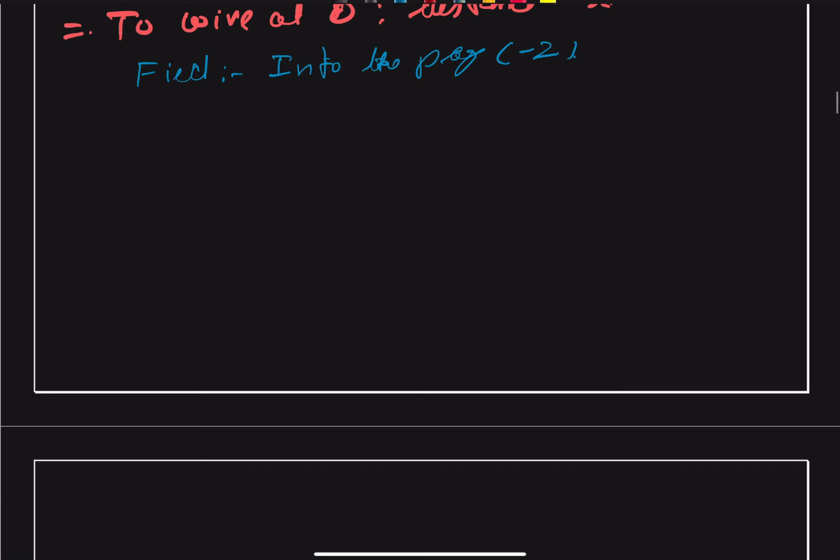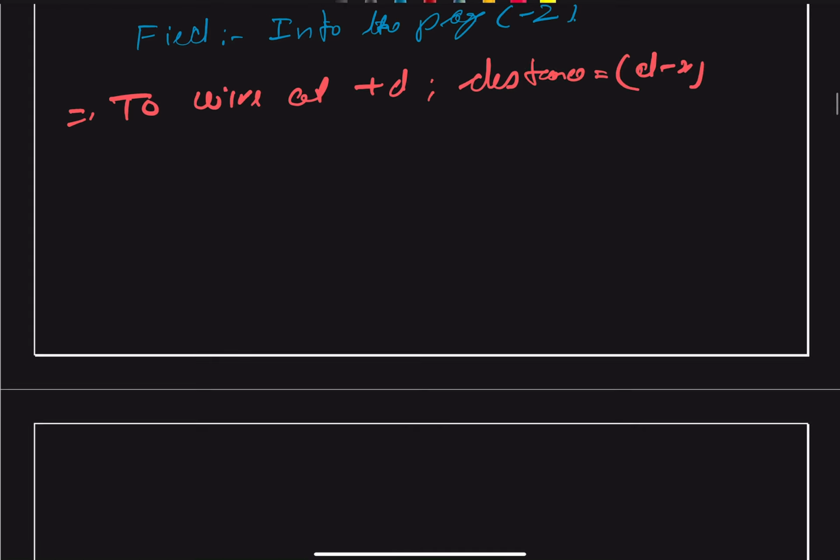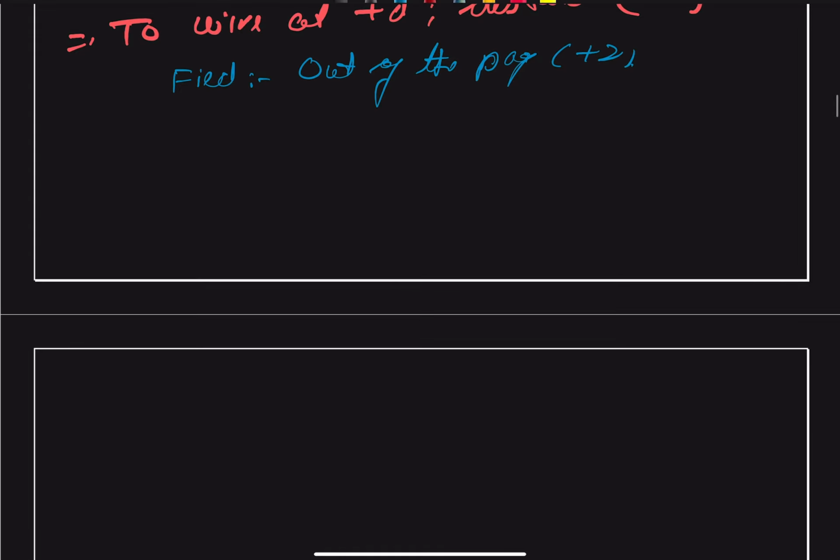And finally we have the third wire. To the wire at plus d, the distance is d minus x, and here the field is out of the page, that is plus z. Therefore we can say for the total field to be 0.